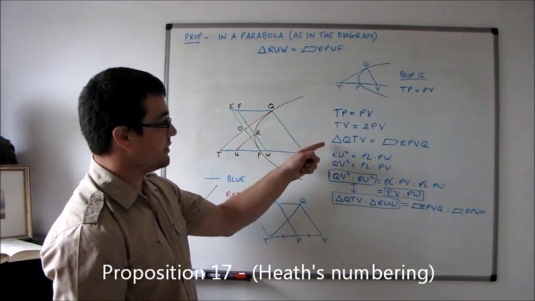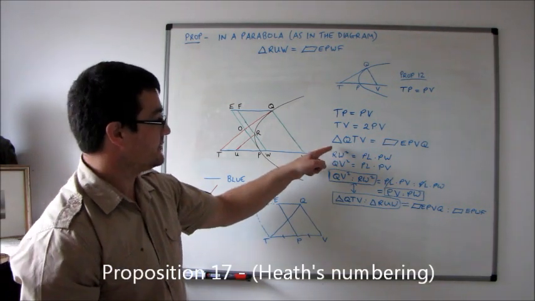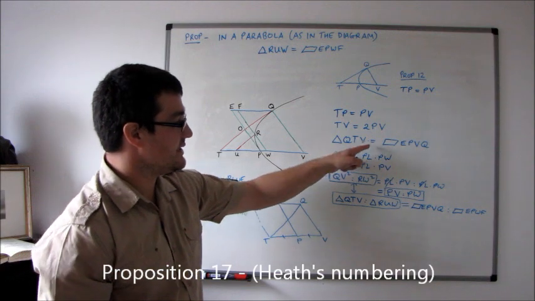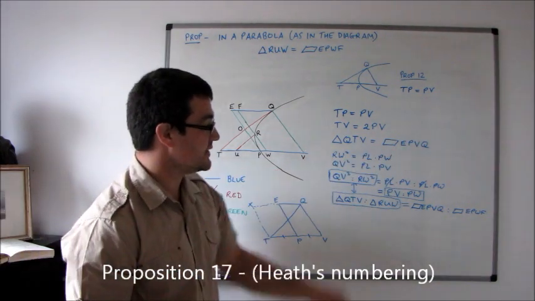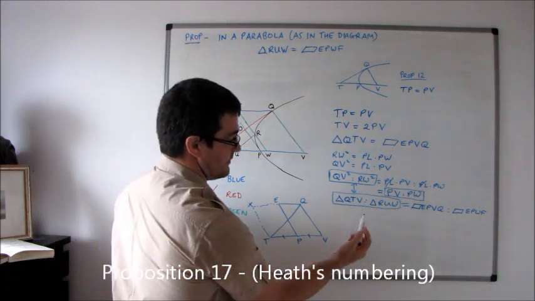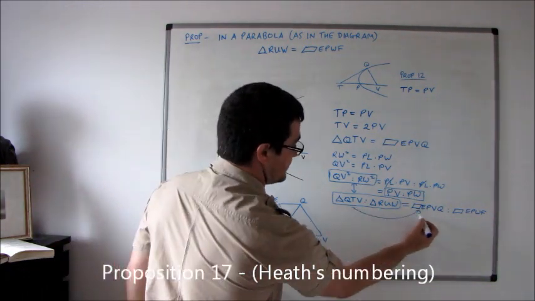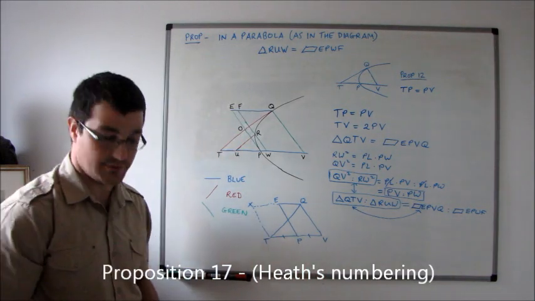But we also know from what we've proved here that the area of triangle QTV is equal to the area of this parallelogram here, EPVQ. So these two are equal to one another.